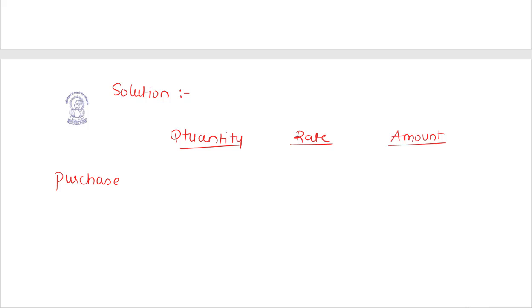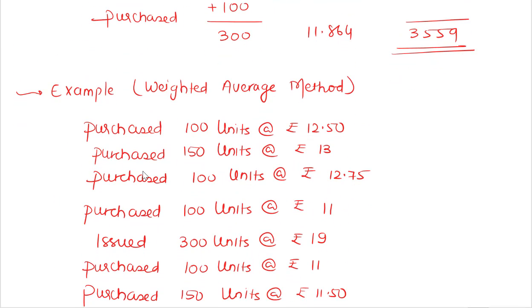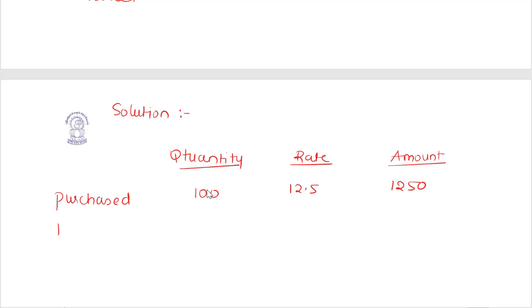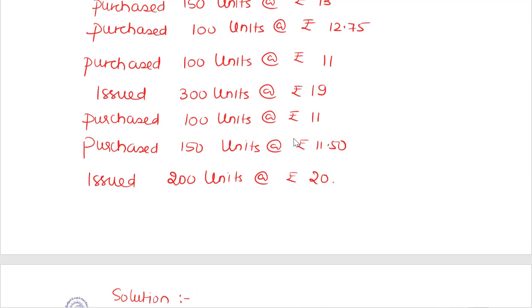Purchased, quantity is 100, rate is 12.5, amount is 1250. Then purchased 150 units at 13. Amount is 1950.